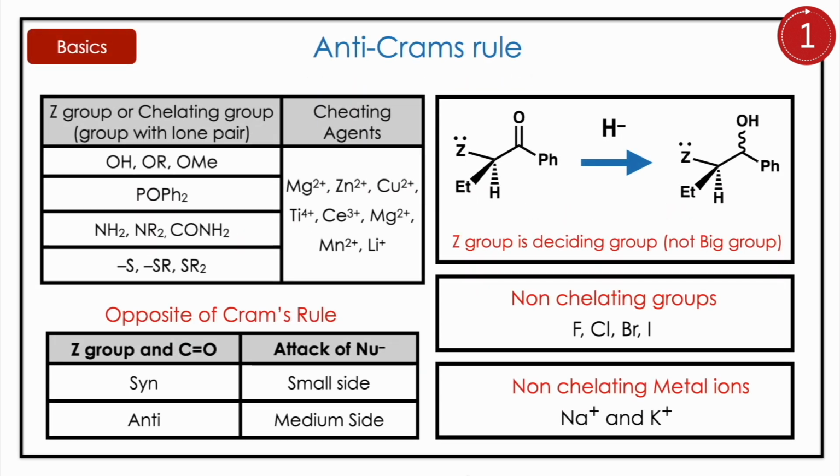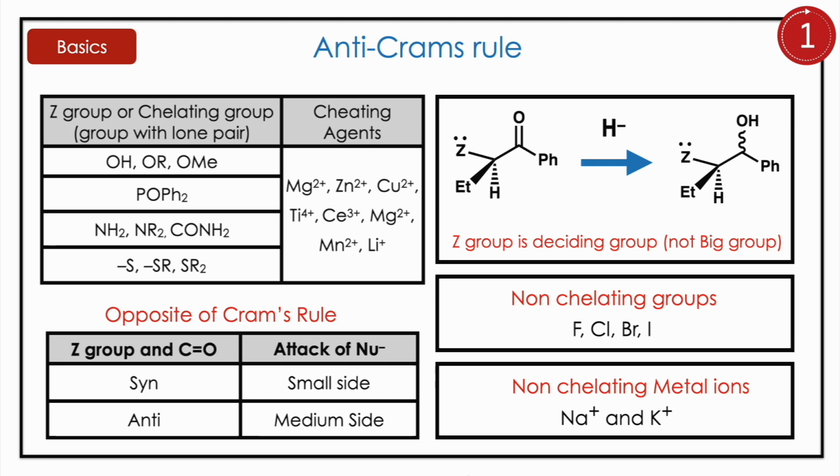So let us get into the detail. The anti-CRAM's rule contains a Z group which is coordinating: oxygen, nitrogen and sulfur, sometimes phosphine oxide. It can be a derivative of oxygen, which is OH, OR, or OMe, or amine, or diamine, or amide. Sulfur can also coordinate, both sulfur and alkyl sulfur.